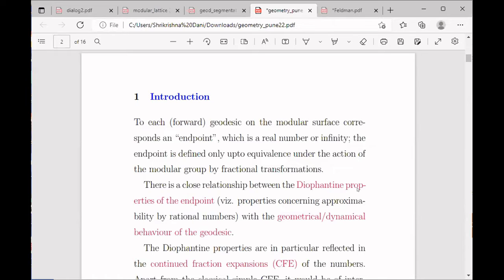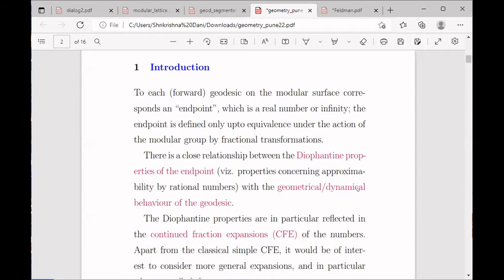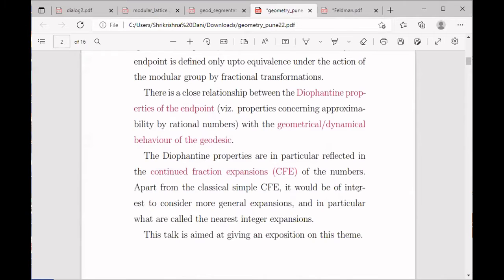The interesting part of the story is that there's quite an interesting interconnection between the behavior of the geodesic and the number theoretic, or specifically Diophantine, properties of the real number which stands for its endpoint. That's what it's about.